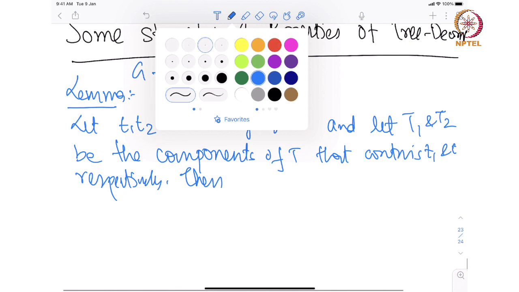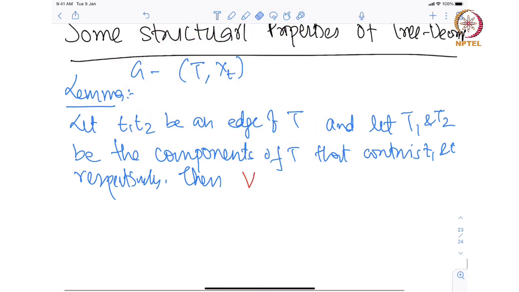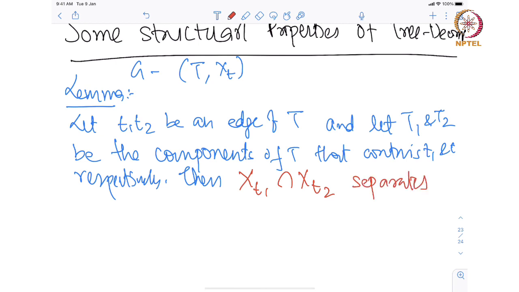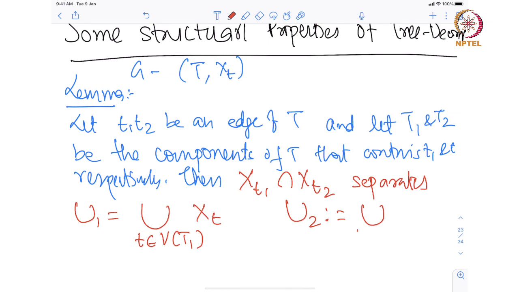Then Xt1 intersection Xt2 separates U1, which is by definition the union over t in the vertex set of T1 of Xt, and U2 is the union over t in the vertex set of T2 of Xt.